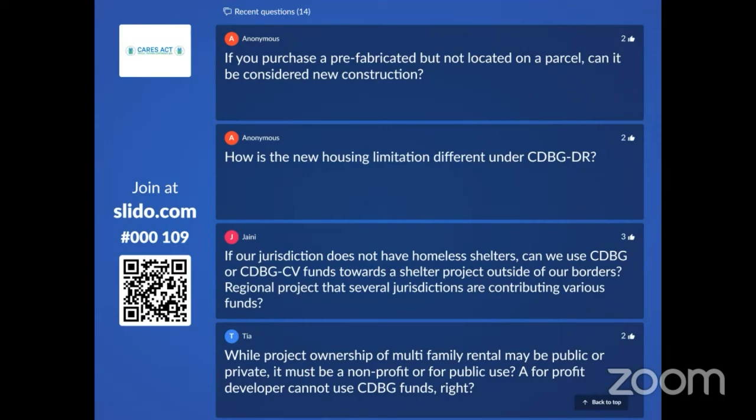But if it's homeownership assistance, it may be owned by someone else, but it's not new construction. Historic preservation, 24 CFR 570.202(d).